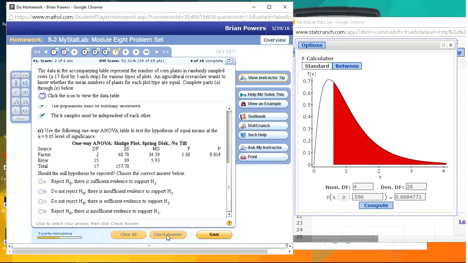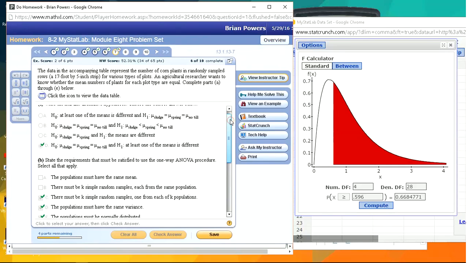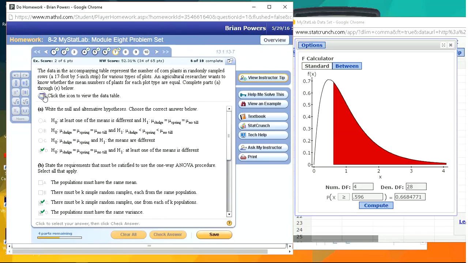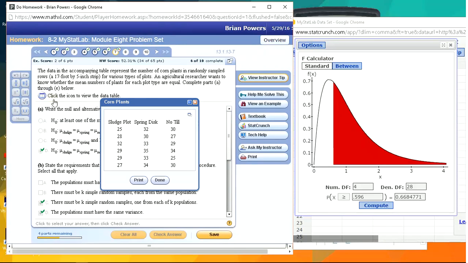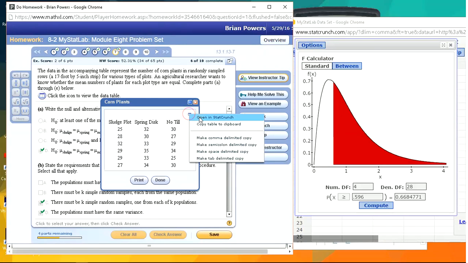So let's see. It gives us the ANOVA table, but let me show you how we would actually generate that ourselves. Let's pull up our data and take it to StatCrunch.